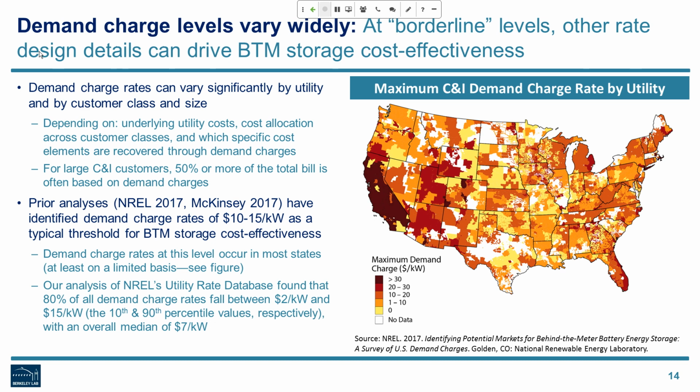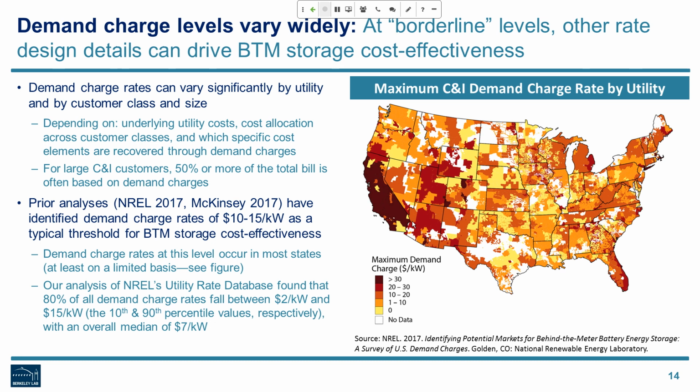So we see dark brown in many parts of California here, but also in some of the smaller utilities and states, mostly concentrated in the west of the United States. Much of the country is shaded in these lighter colors, which indicates pretty low demand charge levels.